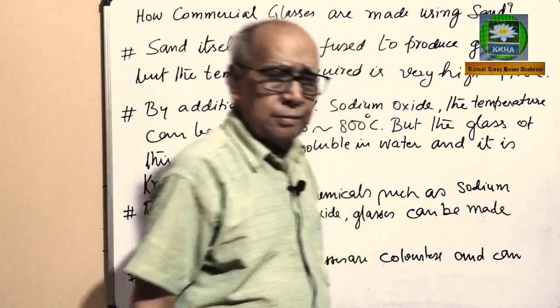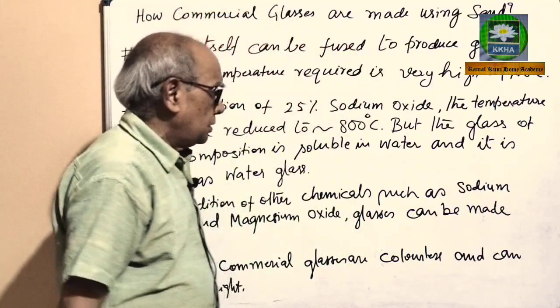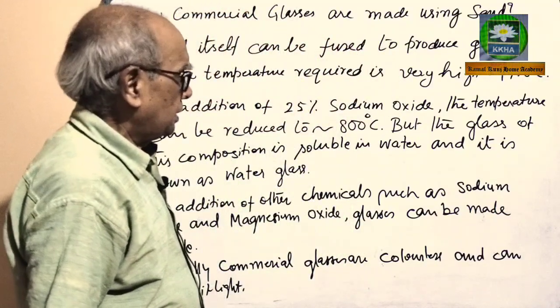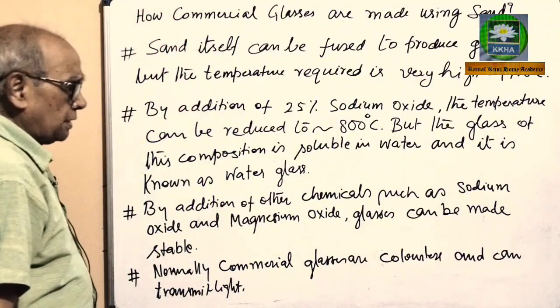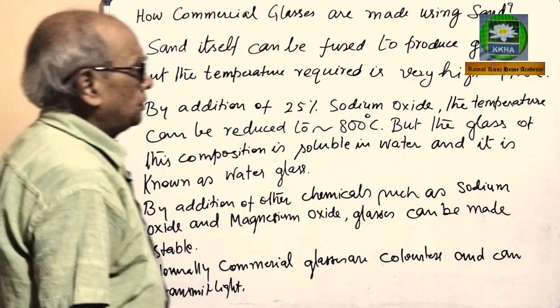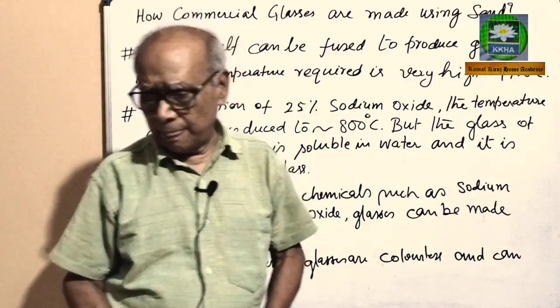Now, certain chemicals are added to produce colored glasses such as green glass or blue glass or brown glass. Different colors are added, about which we will discuss later on.